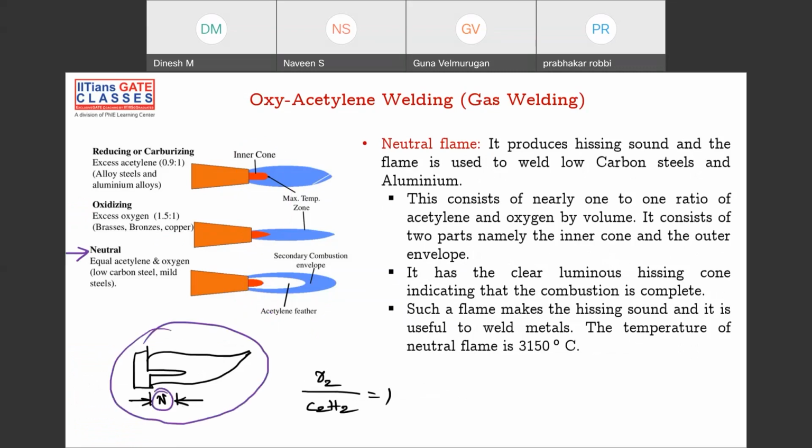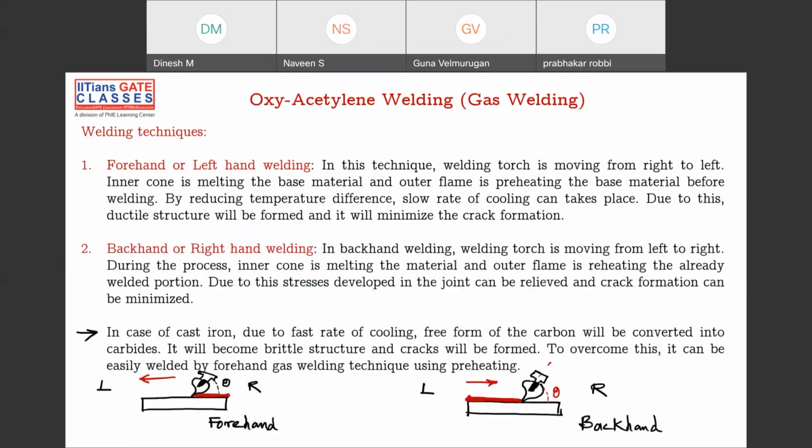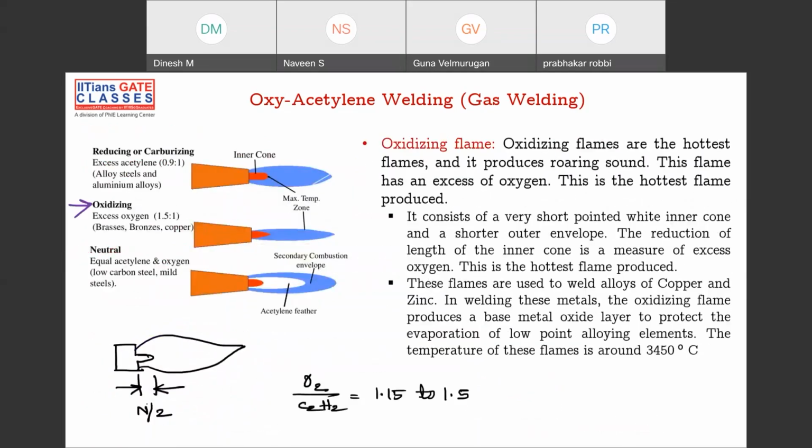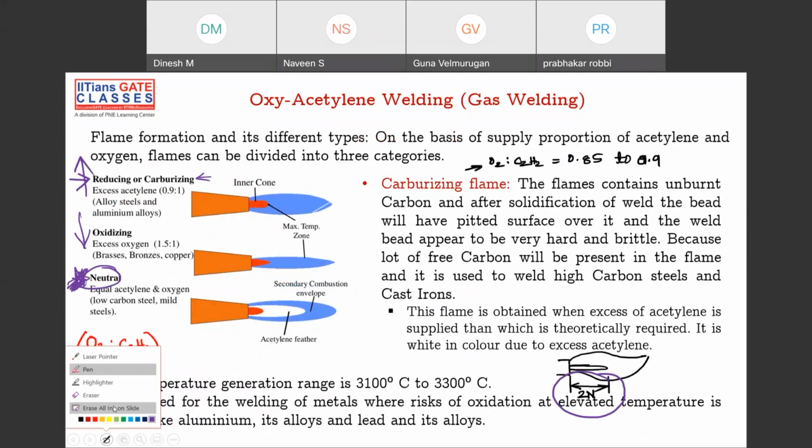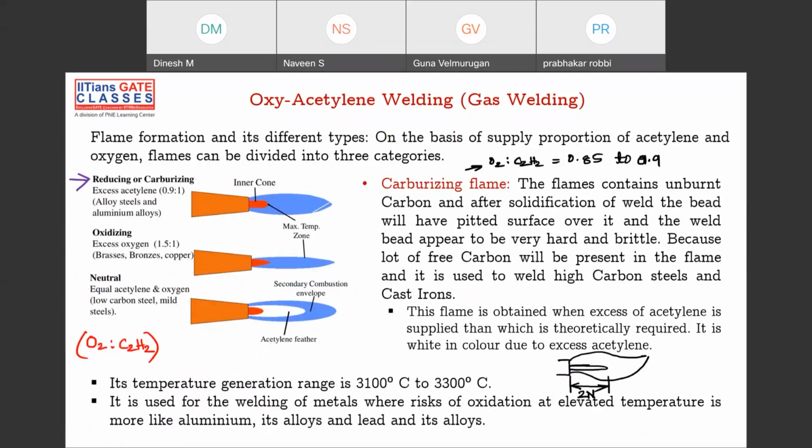The inner cone length of the oxidizing flame will be less than the neutral flame. The inner cone length of the reducing flame will be more than the neutral flame. So the neutral flame is the reference point. With respect to the neutral flame, the reducing flame inner cone length will be more, and the oxidizing inner cone length will be less. That is an important point. Okay, fine.